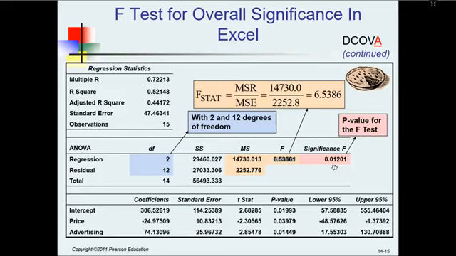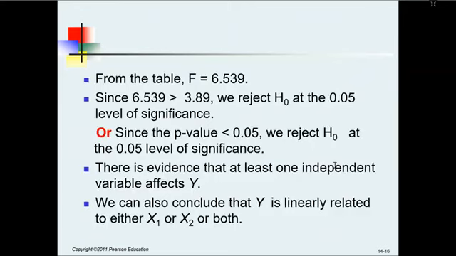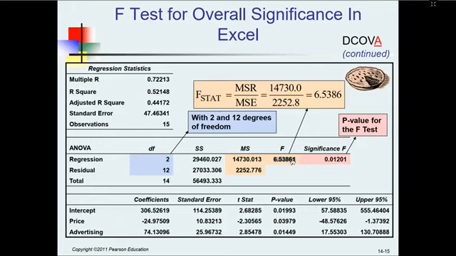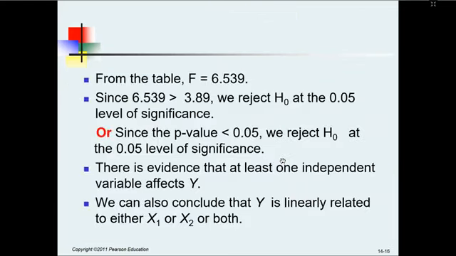We'll look at an example, how to test for the overall significance of the model. So how do you test? In this case, what is the F value from the table? It's 6.5386. And what will be the critical value?